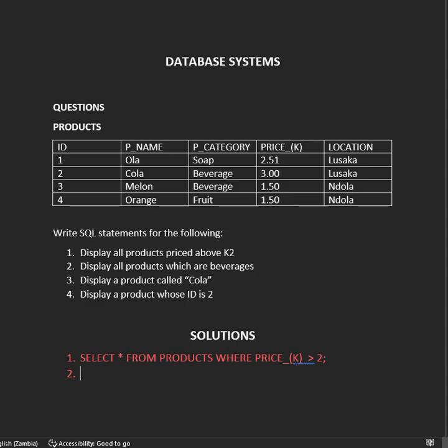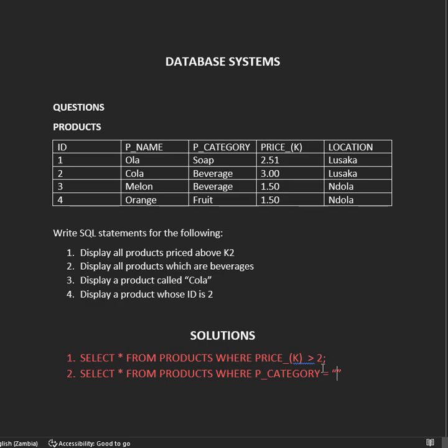Here you execute a select statement: select all from products. Remember, the table name has been written in uppercase. Then you put the criteria with where. You're looking for the category, whose column name is P_category. So where P_category equals, then what you're looking for has to be in quotes.